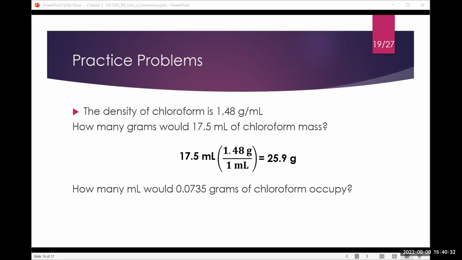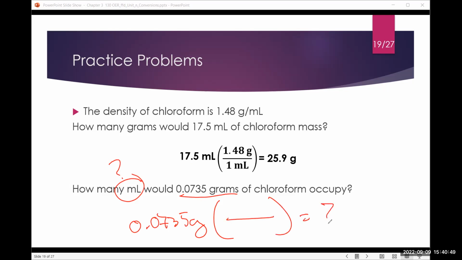Next question here is we want to know how many milliliters 0.0735 grams of chloroform would occupy. So we're looking for units of milliliters.